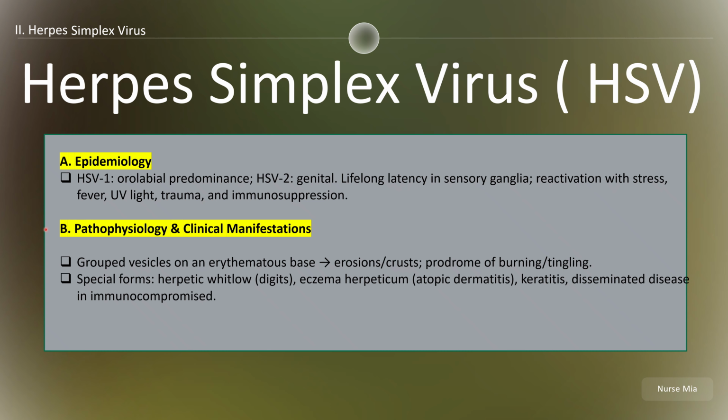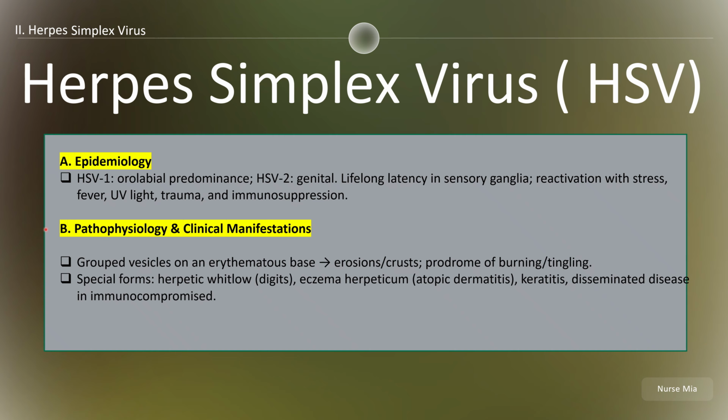Pathophysiology and clinical manifestation: grouped vesicles on an erythematous base, so it's an erosion, crust, with a prodrome of burning and tingling.